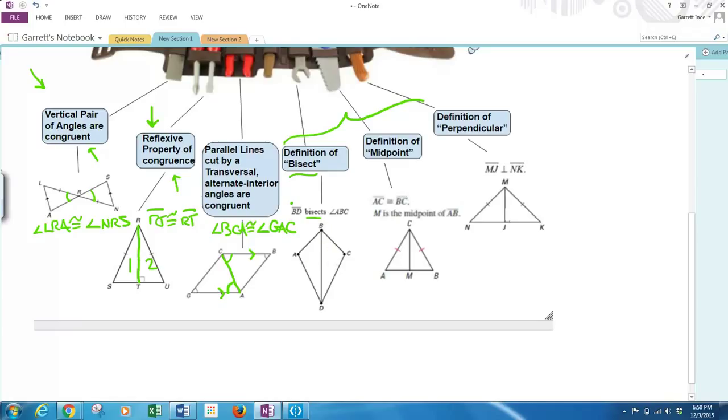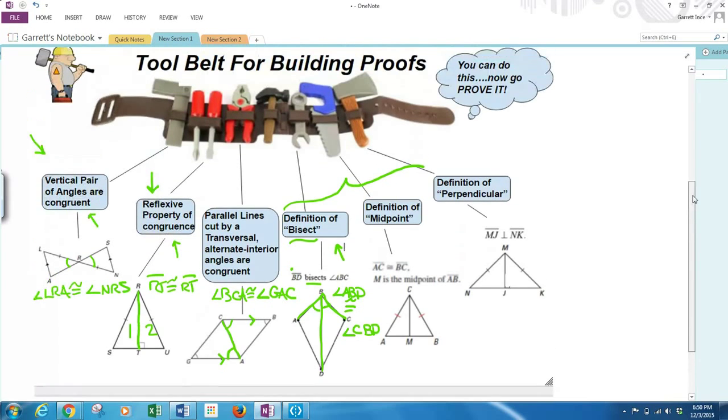There aren't really many clues that I can see at the moment, but if I recognize that side BD is the bisector of angle ABC, that tells me right away that I'm allowed to state that this angle here is congruent to this angle here. So again, I am allowed to add that angle ABD is congruent to angle CBD, and my reasoning would be the definition of bisect.